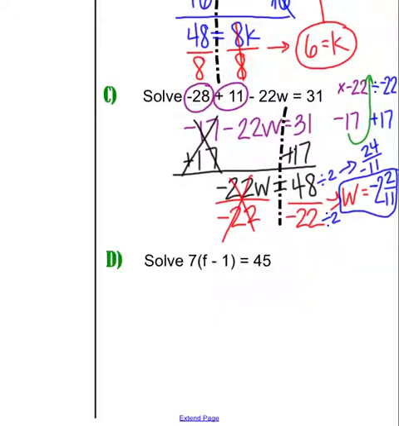Letter D says solve 7 times the quantity f minus 1 equal to 45. So I'm going to start off once again by bombing out that 7 to give me 7 times f, which is 7f, minus 7 times 1, which is 7, equal to 45.